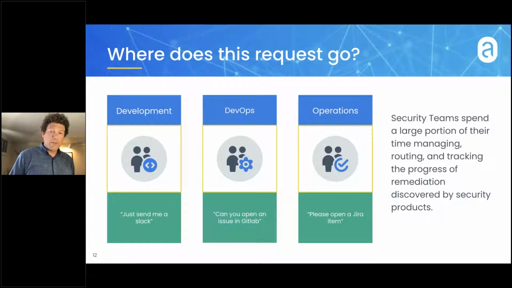So one of the areas and challenges that we see security teams really facing is how to triage issues, how to route them, and usually the security team is dealing with a number of different engineering and operations teams, and each one of those may have a specific tool that they prefer.